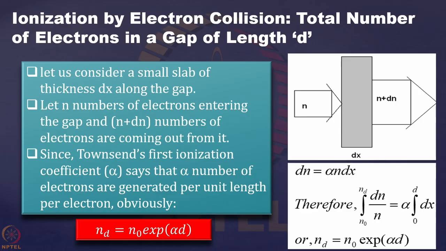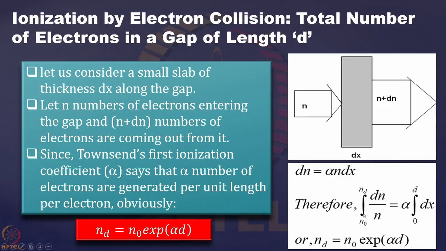Now, if we want to understand the total number of electrons that has been produced out of these n electrons, you integrate this from n0 to nd. So n0 is the number of electrons incident initially, and nd is the number of electrons you are getting at the end of the gap. Then the integral of dn by n from n0 to nd will give you the total number of electrons produced at the end of the gap.